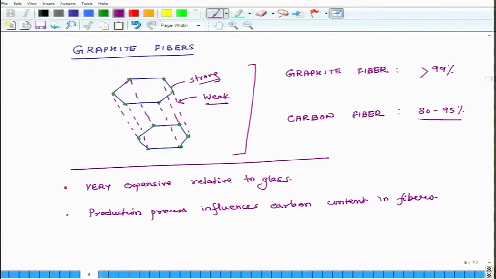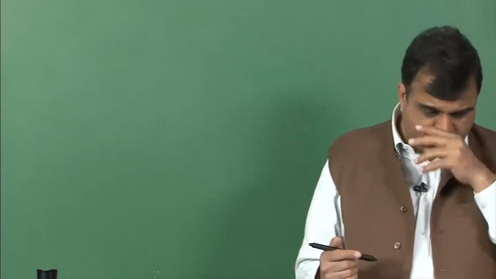And as I said, because of this kind of structure, the in plane modulus is very high. I have to, if I have to bend this ring, it will take me a lot of force, but if I have to make layers slide over each other, it does not take a lot of effort.